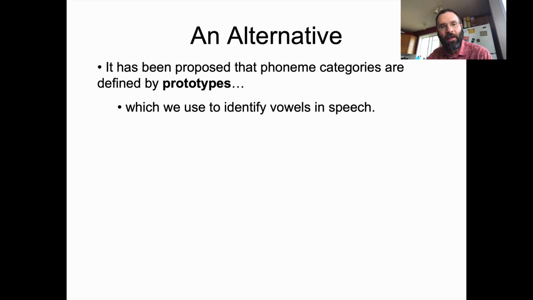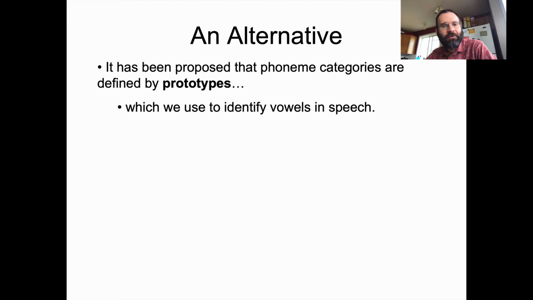So I'll give you one example of how thinking has changed or developed on this line of research. This is looking at the prototype model of how to categorize speech, and this is research that came out of the early 90s.